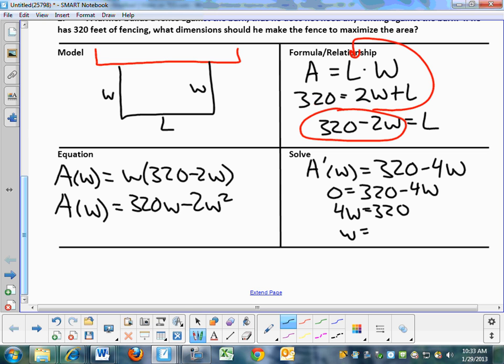So W is equal to 80. Plug it back in. What's length? 160. Again, the question was what dimension should he make the fence in order to maximize the area? That's what we have to solve for.